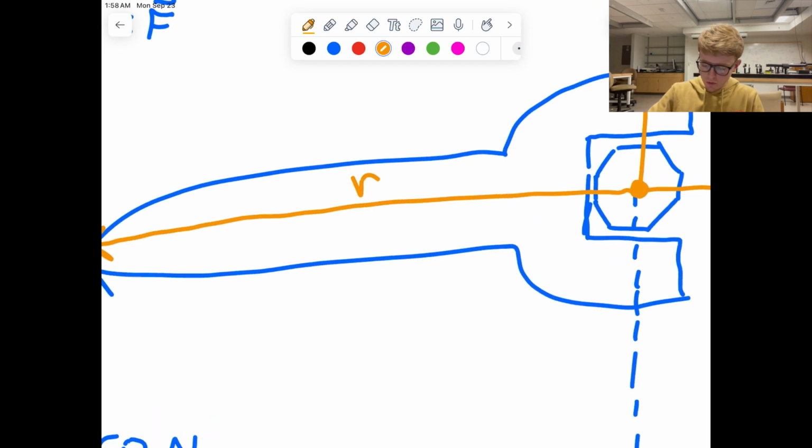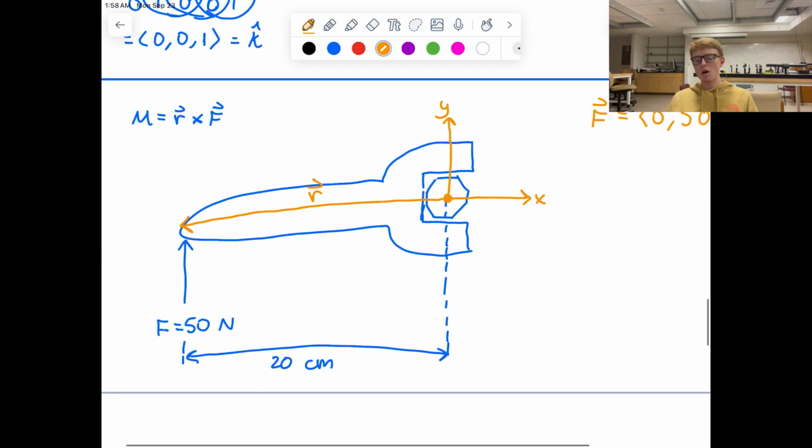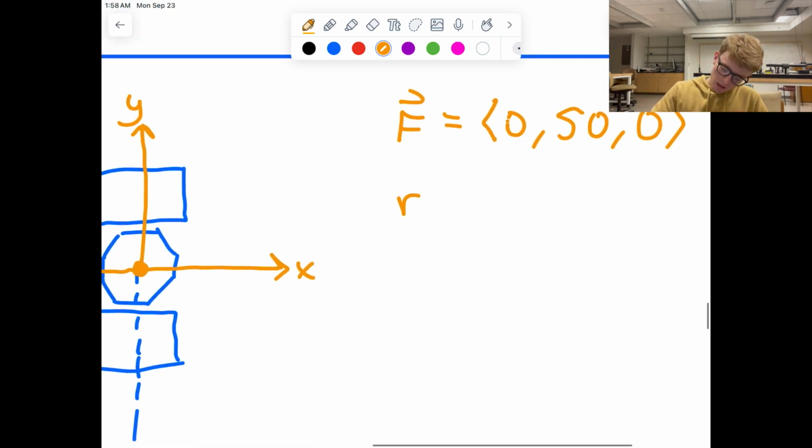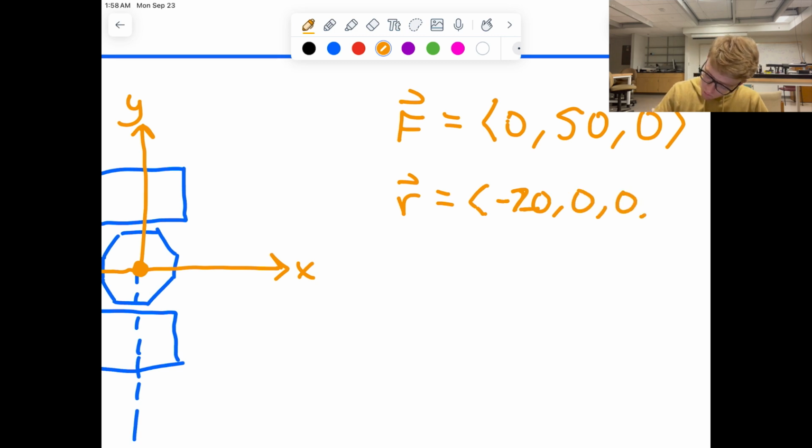And now we can figure out what r actually is. You can see r is going in the negative x direction, 20 centimeters from the origin. So in that case, r is going to be, very simply, negative 20, 0, 0. There we go.